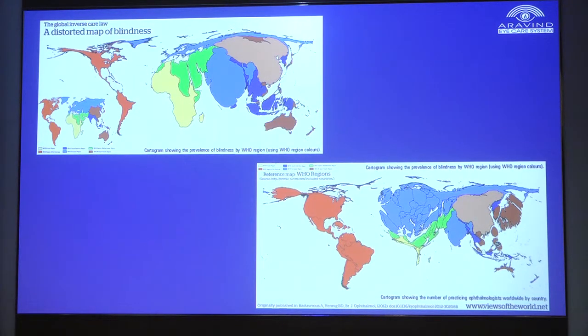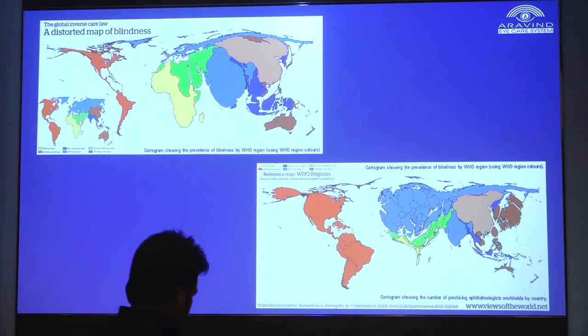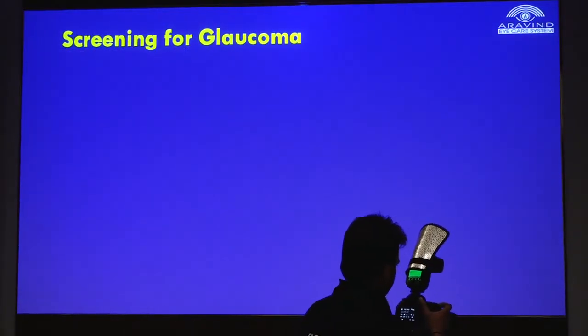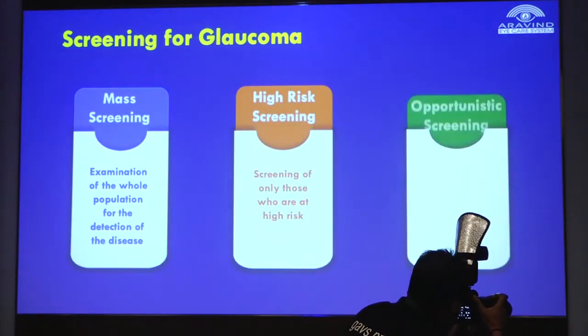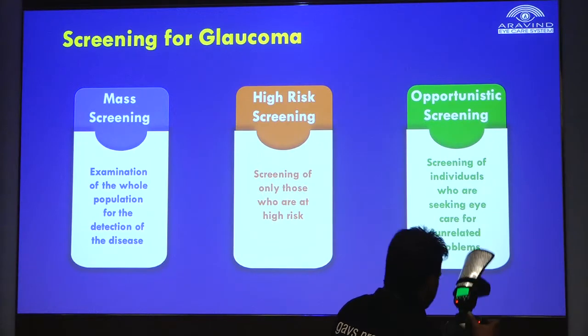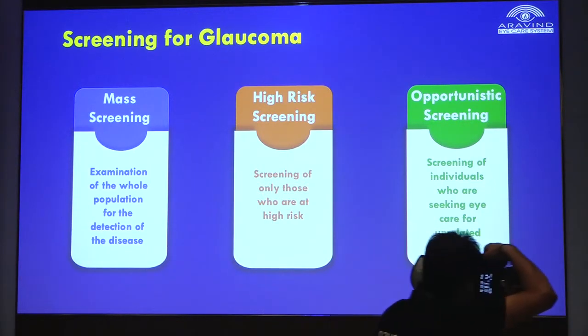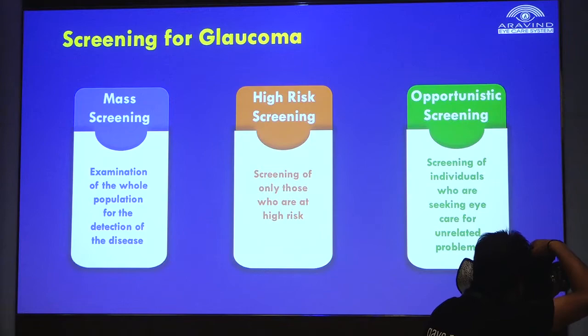The whole map shrinks in certain places, including India, Africa, and the rest of the developing world. So there's a lot of scarcity in human resources, and we need to think about a better way. The best at this point of time is to really focus on the high-risk patients and on doing a good opportunistic screening.